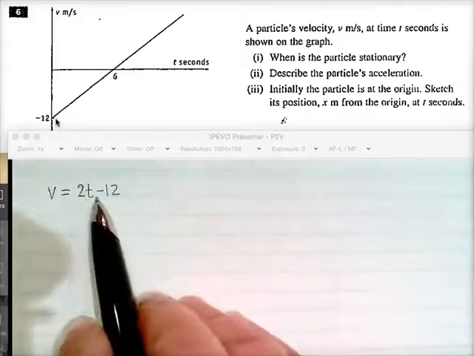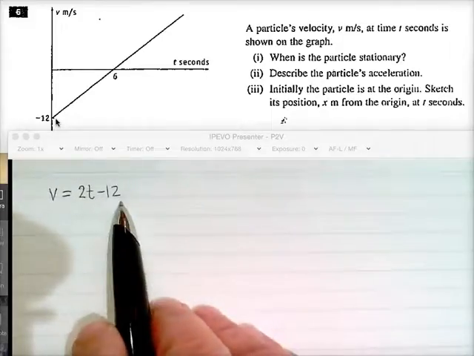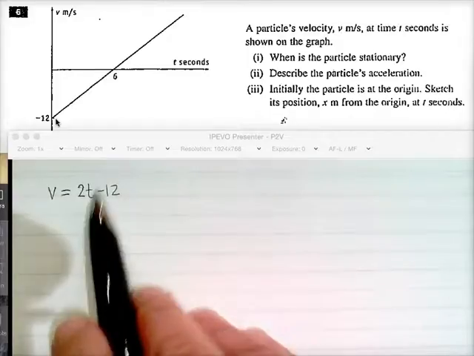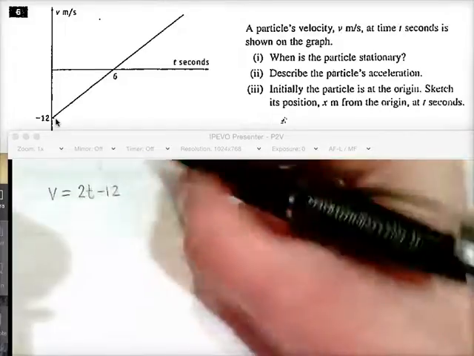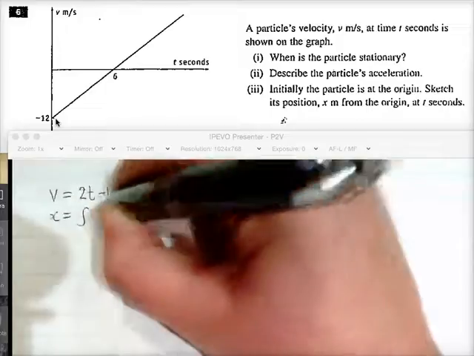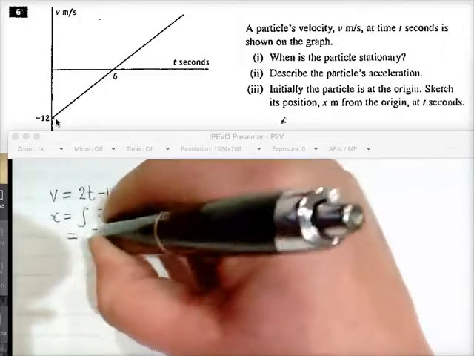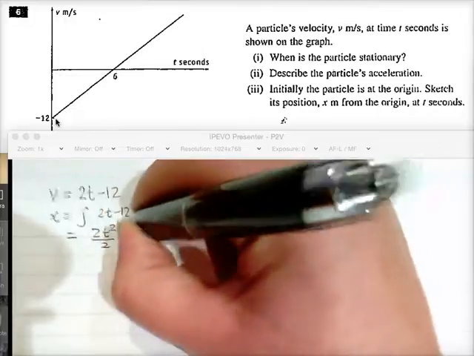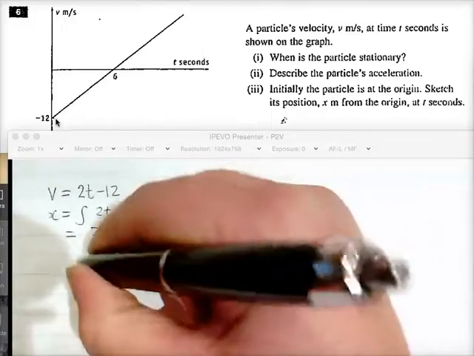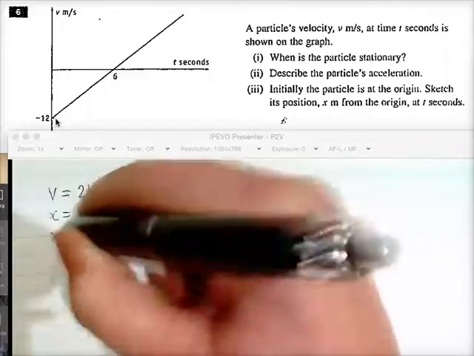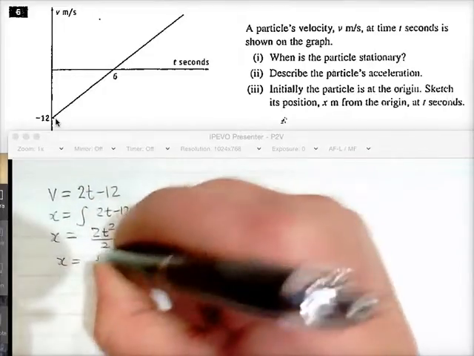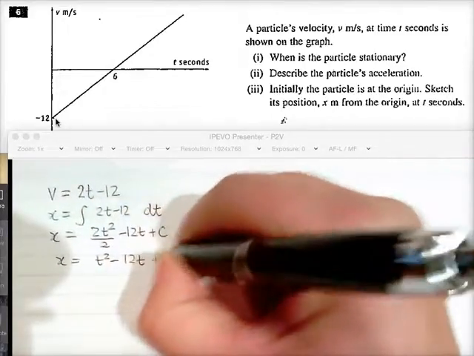If you put in when time is 0, velocity is negative 12. When time is 6 seconds, velocity is 0. So therefore, x is the integral of 2t minus 12 dt, which is 2t squared on 2 minus 12t plus c. That is t squared minus 12t plus c.